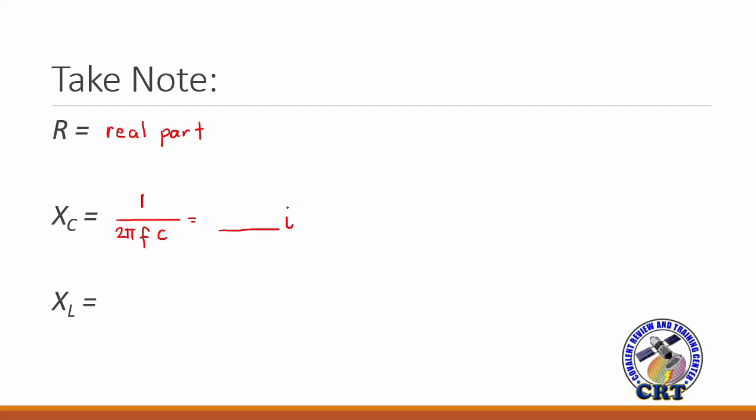So you have to put i. And take note, this is negative in sign. So negative XC i. While for XL, which is equivalent to 2 pi FL, this is also the imaginary part, and this is equivalent to positive XL i.